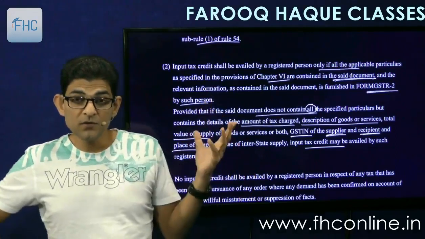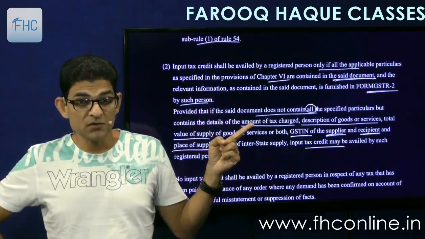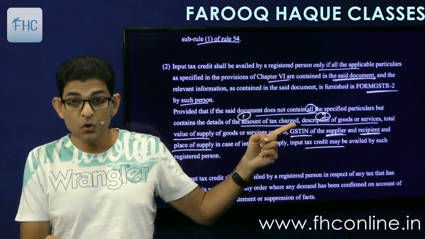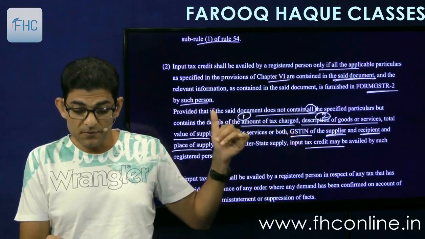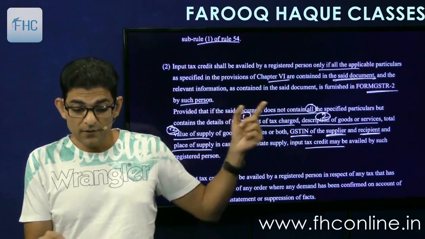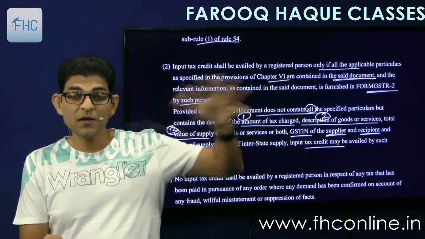So what are the necessary things? These are the necessary things. Amount of tax charged, number 1. Number 2, description of the goods or service, as the case may be. Number 3, value. What is the value of the goods or service? Then the GSTIN number. This is the most important thing for cross connection.